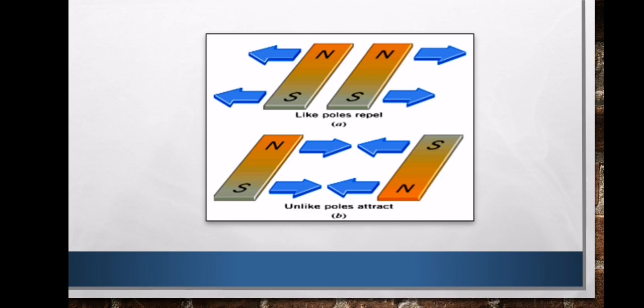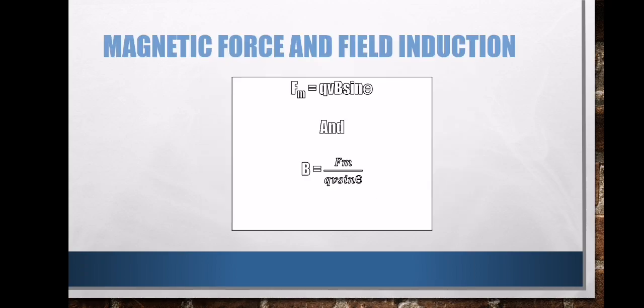That is why if two magnets have the same orientation, north and north, they will not attract each other. While if the orientations are opposite, the two magnets will be attracted to each other. This means that north and south poles attract each other, while north and north poles, south and south poles repel each other.